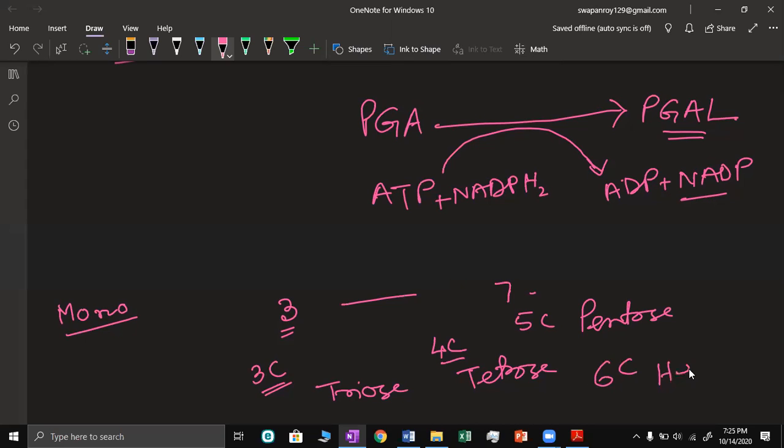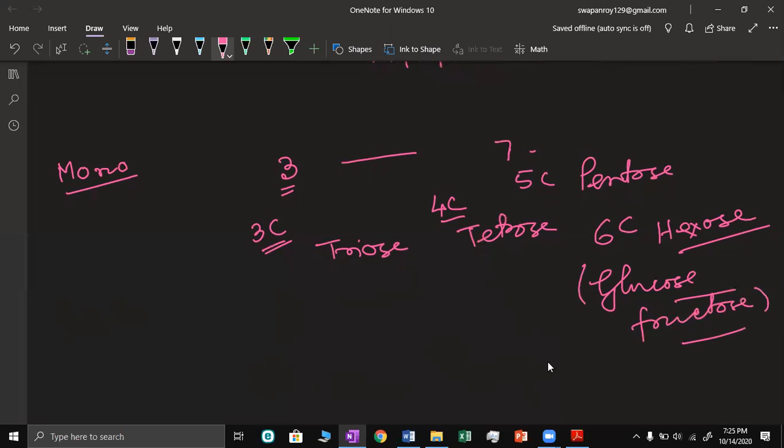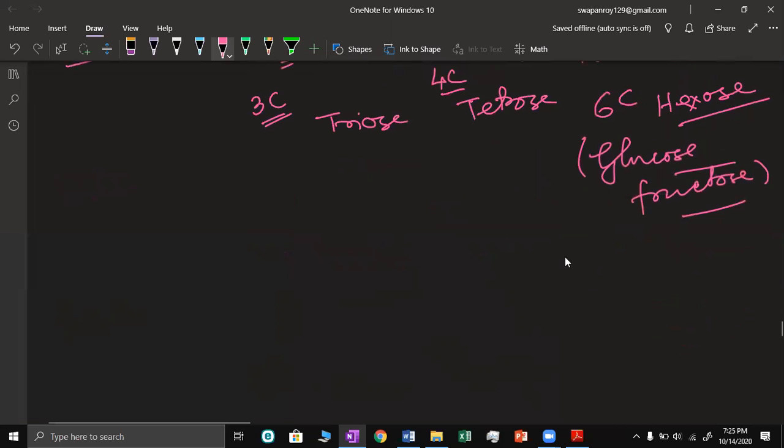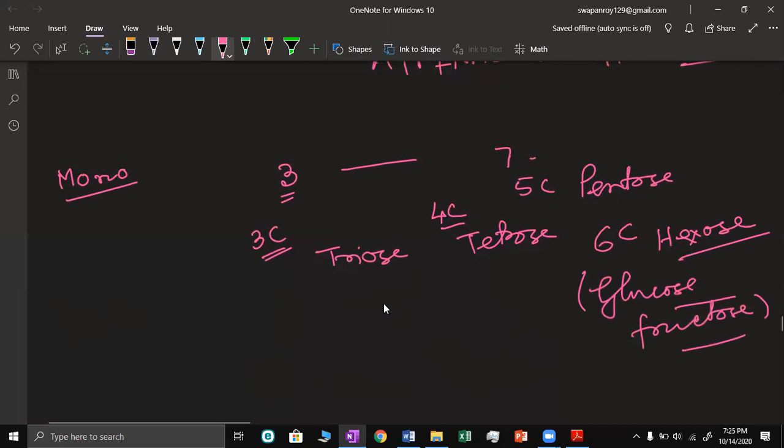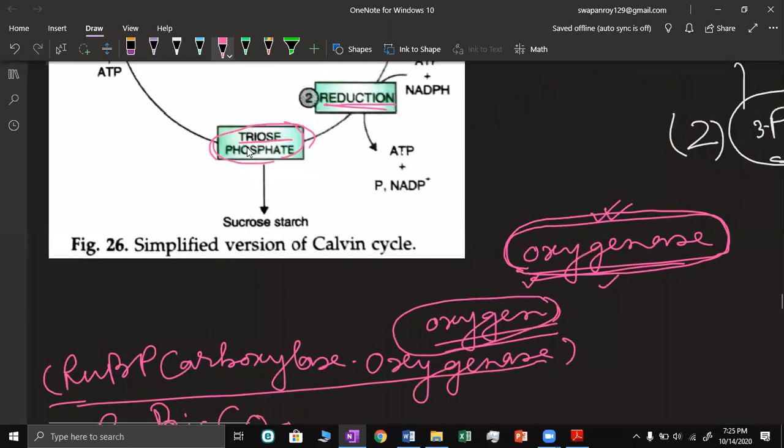Hexa means 6, hexose. Hexose sugars are glucose and fructose, the common hexose sugars. Then there are heptoses, such as pseudoheptulose. So this one is the 3 carbon triose phosphate compound that is produced.